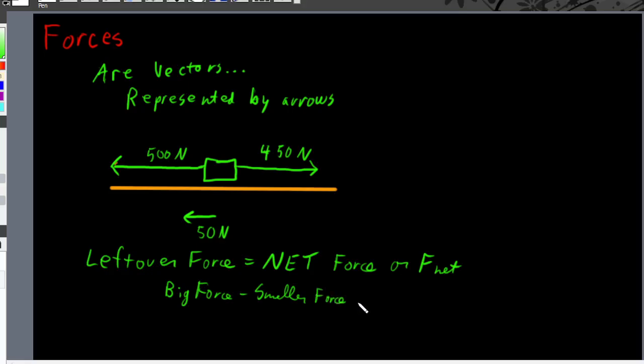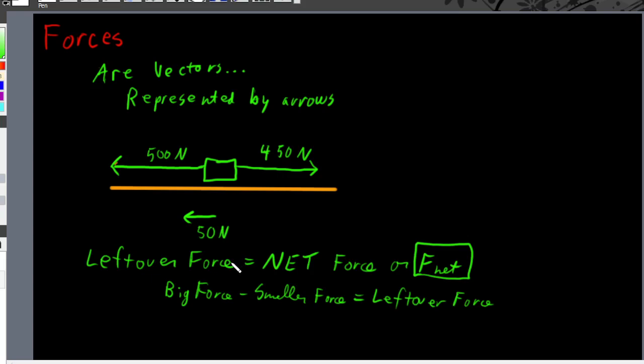I take the bigger force and subtract the smaller force, I will get the leftover amount, which is what we call the net force. So the net force is simply the amount left over. And in this case, that is 50 newtons to the left.